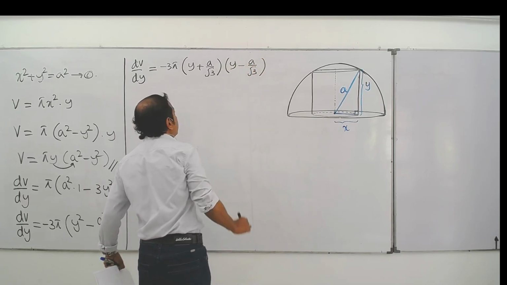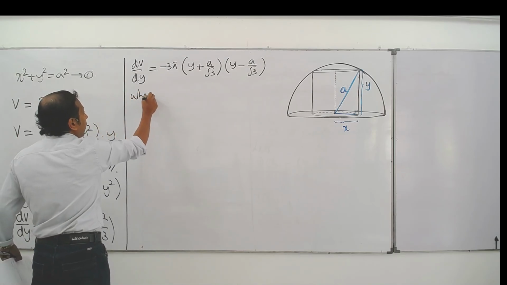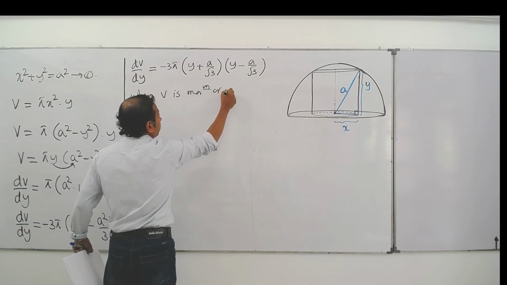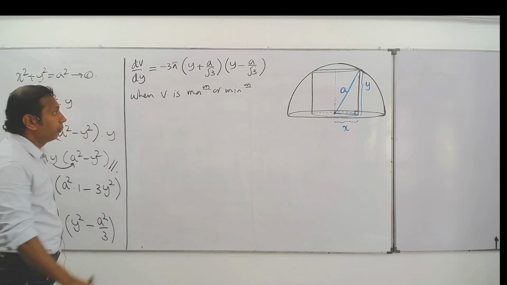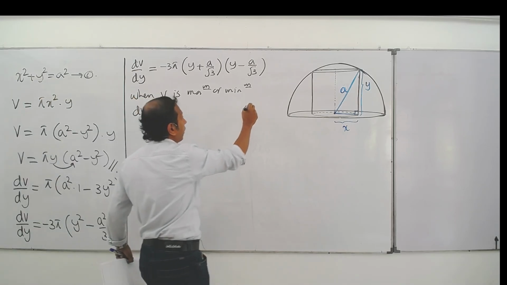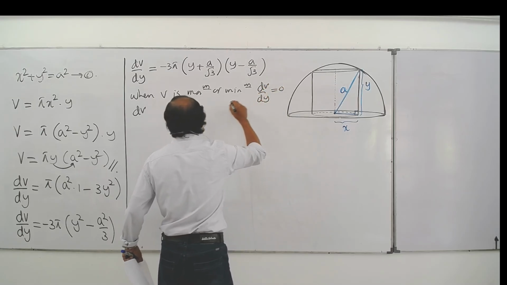Right. So now you know, when V is maximum or minimum, dV over dy is 0.